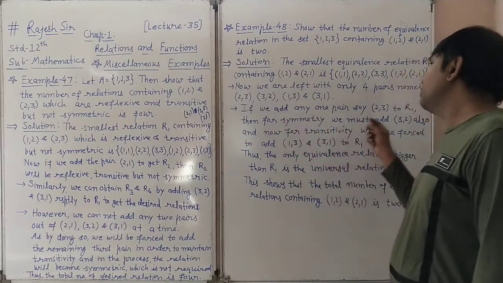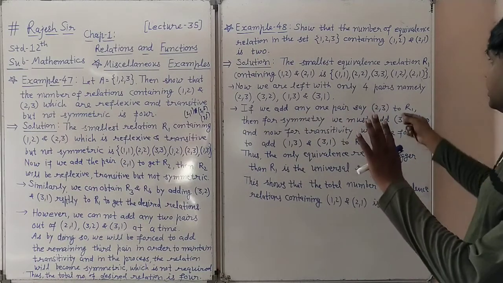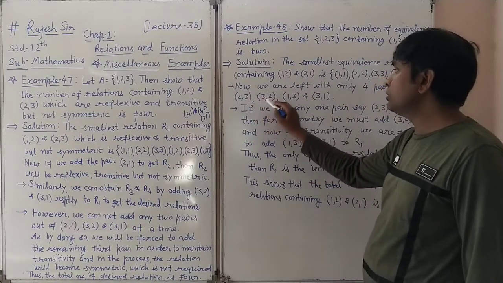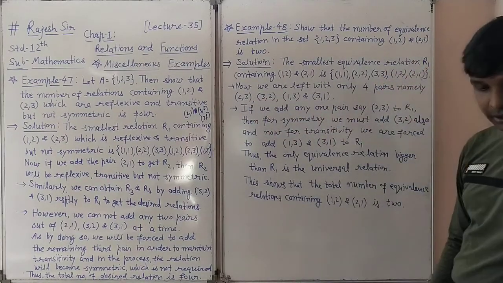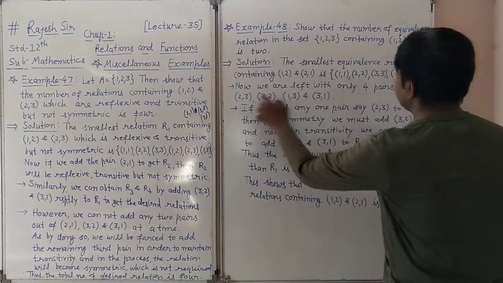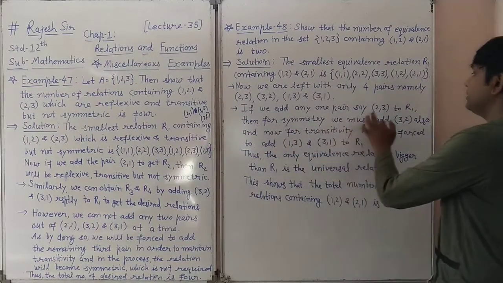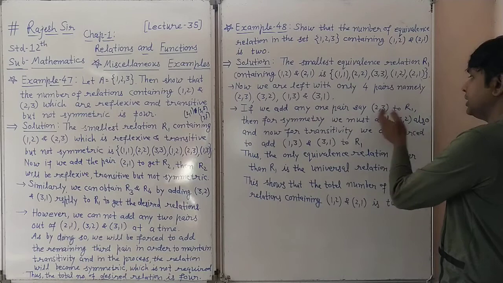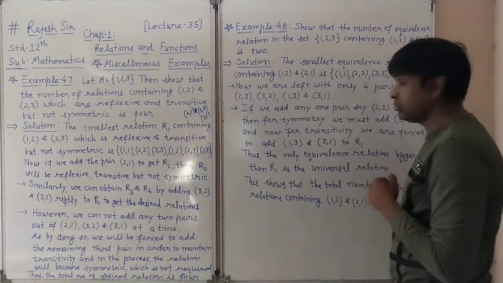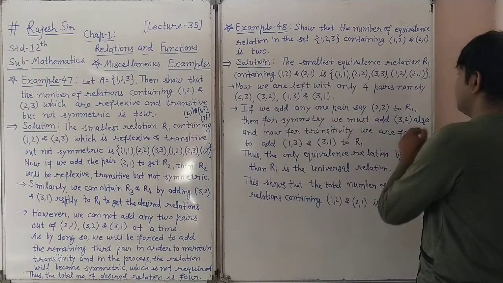Now how many pairs are left? We are left with only 4 pairs to add: 2 3, 3 2, 1 3, 3 1 are not added in this. Suppose one pair 2 3 is added to R1. Then for symmetry, if we add 2 3, we have to add 3 2, because it is an equivalence relation.